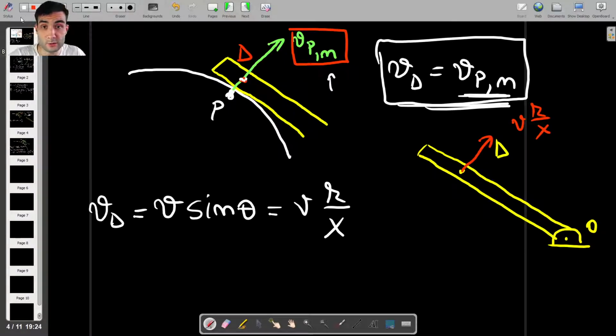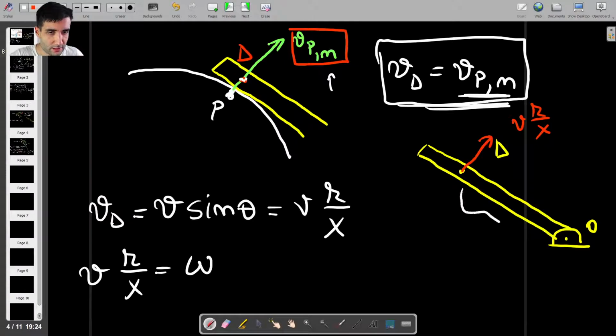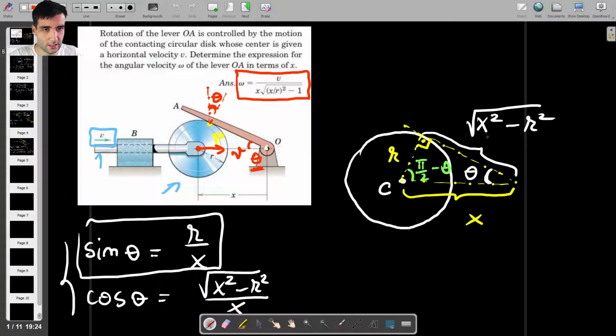Then we can find the angular velocity of the lever. So V R over X is going to be equal to omega, the omega of the lever this time, multiplied by this distance here, which we also know. It's this side of the triangle, which is the square root of x squared minus r squared.